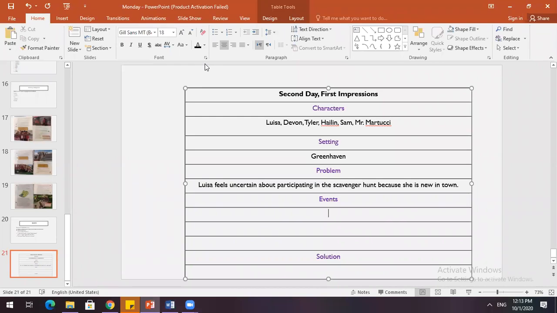We know at the end of the story, our solution is that Louisa is now more confident, and she no longer has butterflies in her stomach, right? So what are the events that lead up to this? What is one of the first things that happened to boost her confidence?